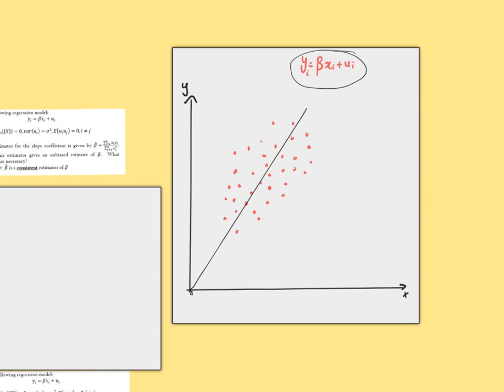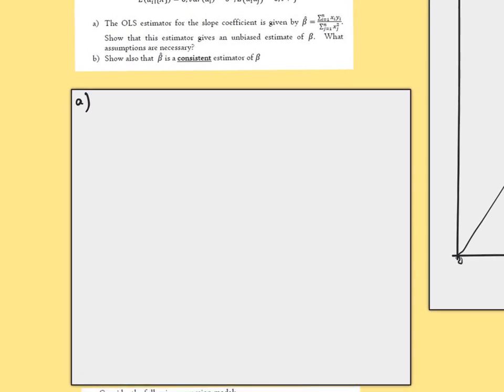That might be our estimated line using OLS. We're using this estimator because we have some economic belief that the line should pass through the origin. So let's start analysing this estimator.